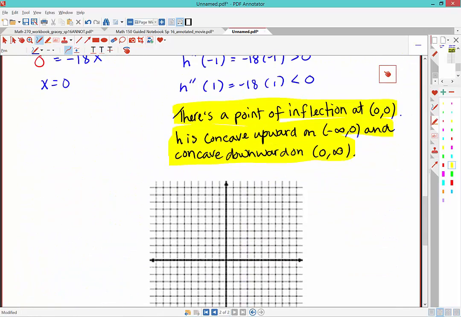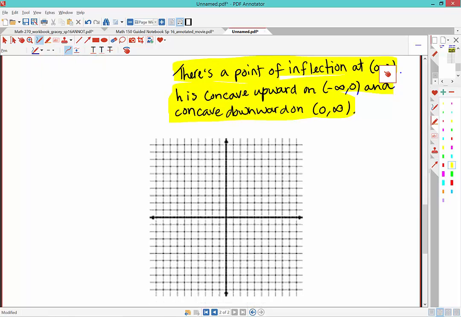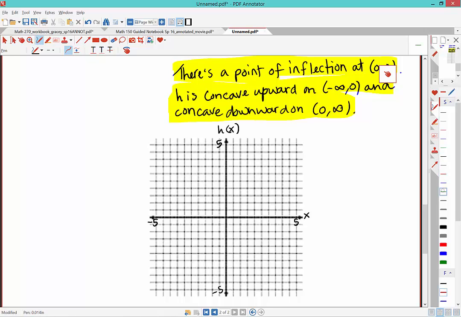So we've got x and h of x, and at plus or minus about 1.2, we had horizontal asymptotes.